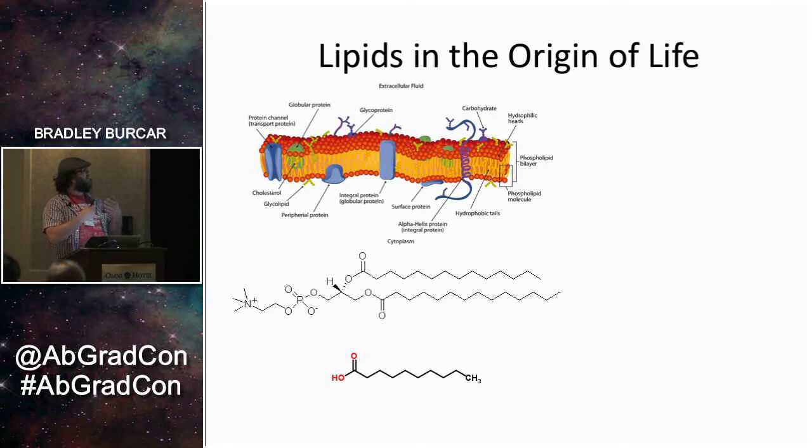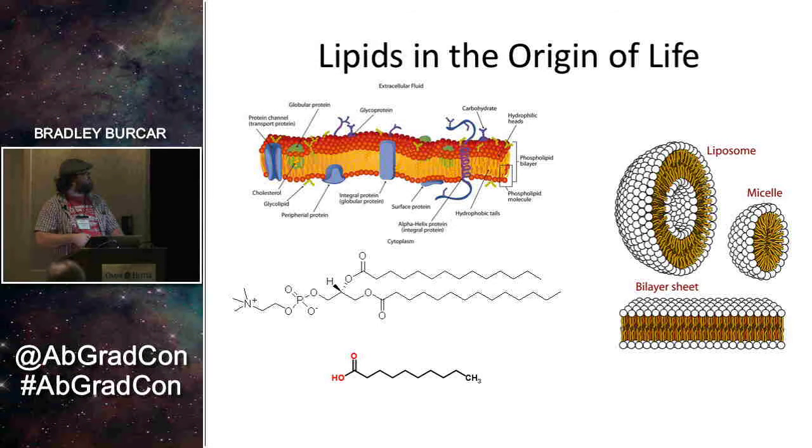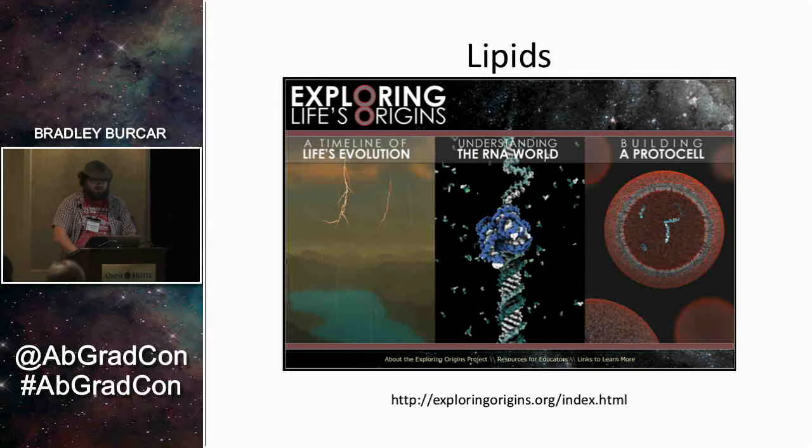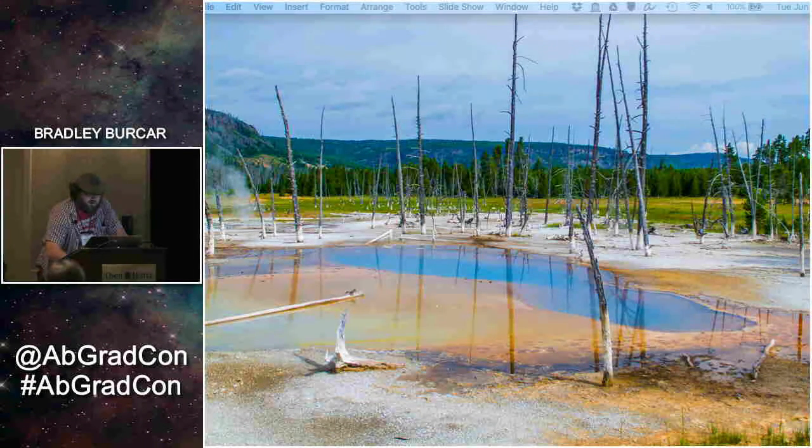And that's what one of the talks we'll be talking about later is how we can get from possibly this to more structures that emulate that to form liposomes, micelles, and bilayer sheets, which can have nice little compartments and areas inside that you can actually do some nice chemistry with. And there are some good animations from the Jack Szostak group at Harvard. They're actually quite cool to demonstrate some of these lipid behaviors.